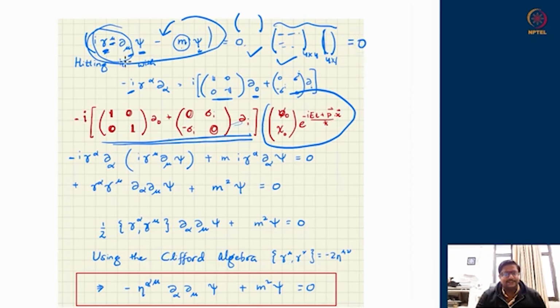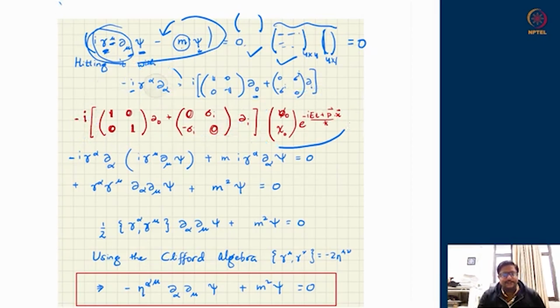Ultimately this left multiplication is some 4 cross 4 multiplying a 4 cross 1 already, and to that I'm going to multiply this whole object, which is this. Okay, so this is the mathematical formal structure. So let us see it cleanly.